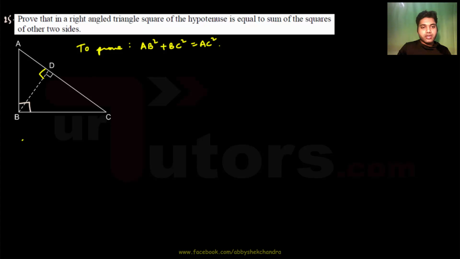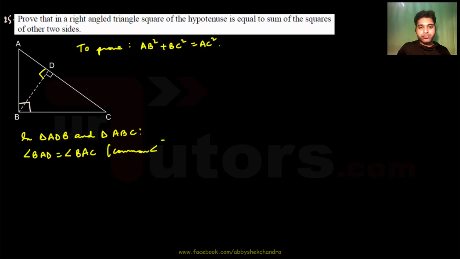Now in triangle ADB and triangle ABC, angle BAD is equal to angle BAC. Why? Common angle.